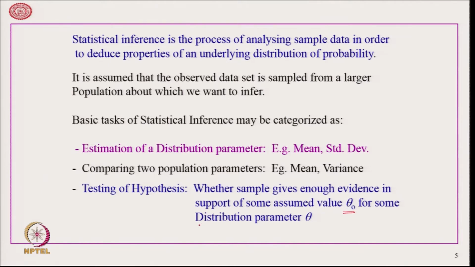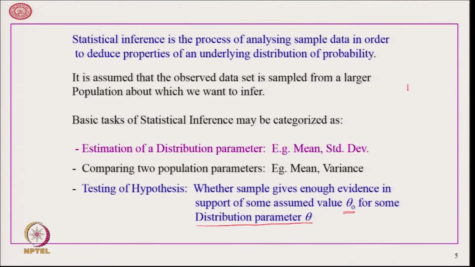Now, many of you may not know what I am meaning by distribution parameter. All of us, I hope, are familiar with certain distributions, for example, normal, binomial, Poisson, etc. Whenever we talk about certain distribution, we associate with them certain parameters.